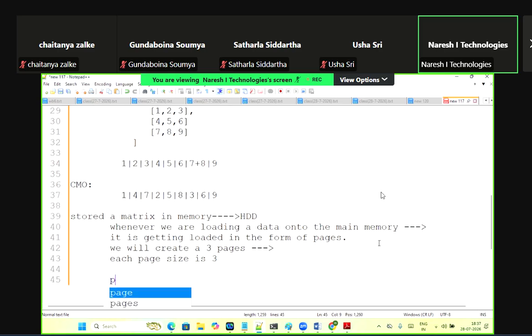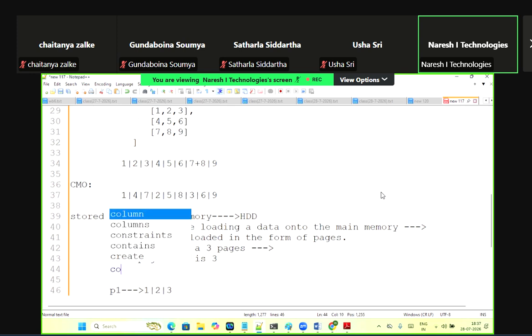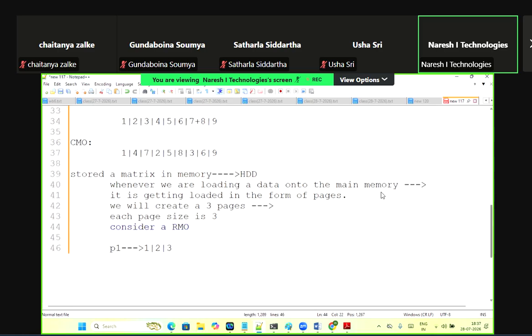Let's take now page 1 will take here 1, 2, 3. I'm going row major order. Consider a row major order. Correct. Now, whenever you are storing, this is the page 1. Now page 2.